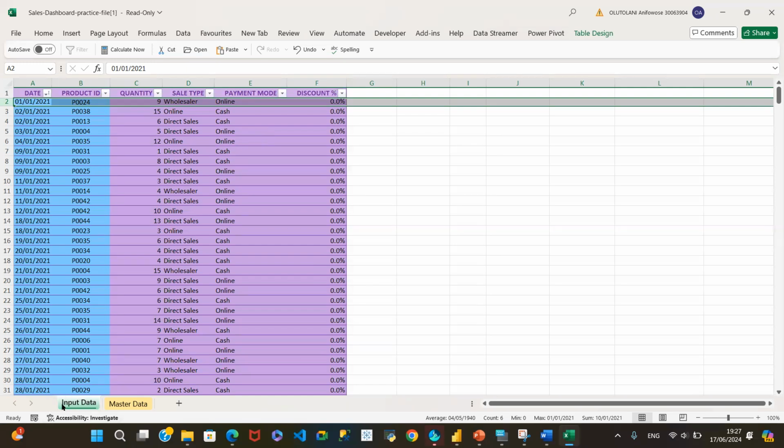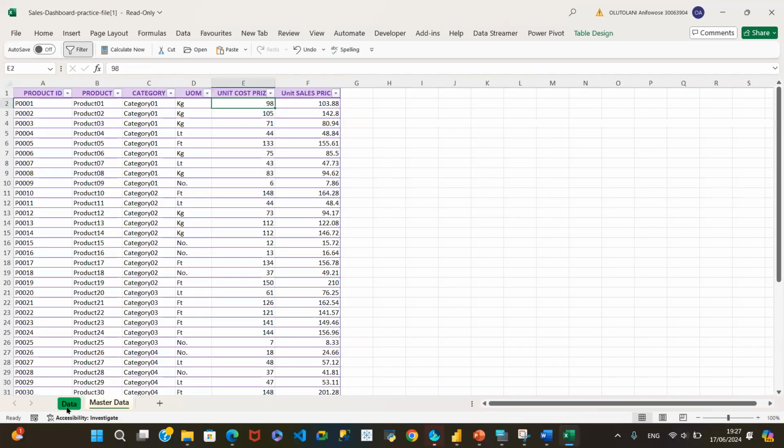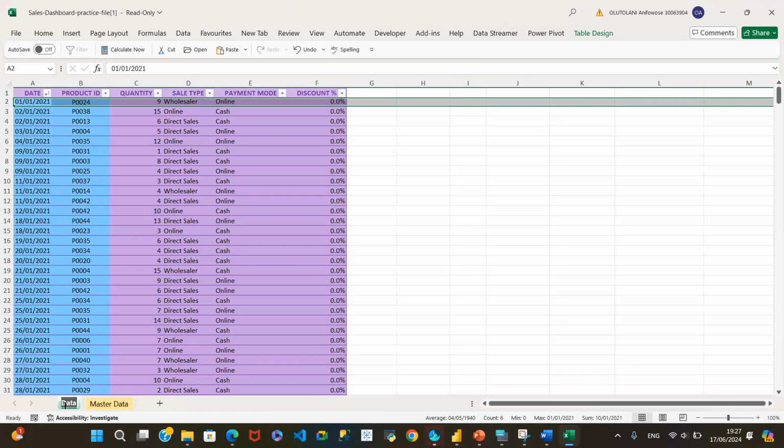If I decide to change this from input data and I decide that it's just data, that's the name I'm giving it. That does not change the fact that this is a fact table. It's just named data. I can decide to change the name of it to R data, you know.